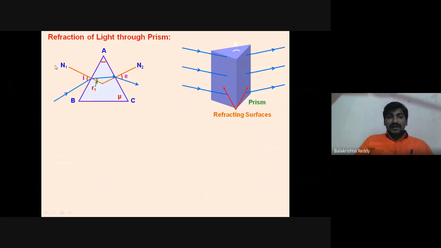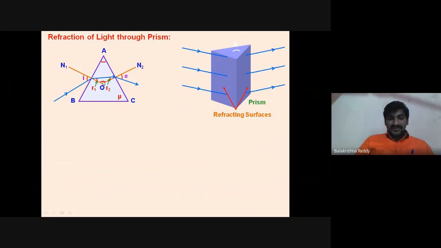This is R1. Just now I told that it is taken as the first refracted angle. At the second refraction surface, the incident angle is R2. The point O is taken between these two normals, wherever they meet.